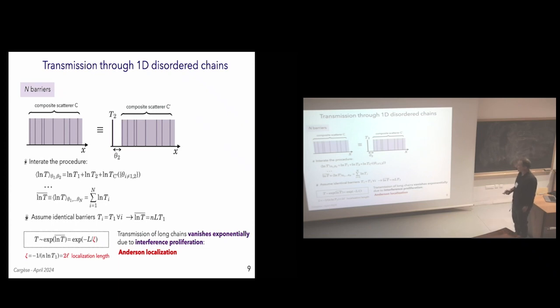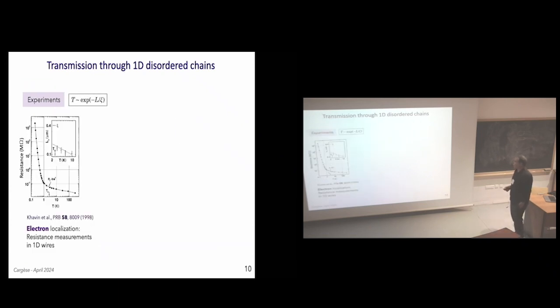The vanishing of transmission through 1D disordered systems has been observed in many experimental systems. Here I will give you just two examples. The first example is taken from the condensed matter physics literature. It's an old experiment of electron conduction in one-dimensional disordered wires.